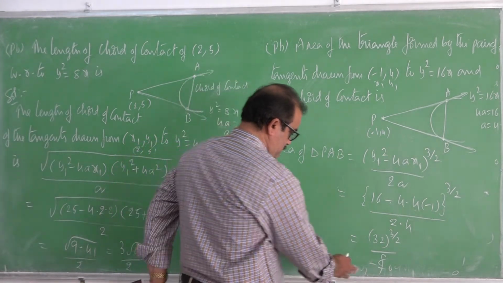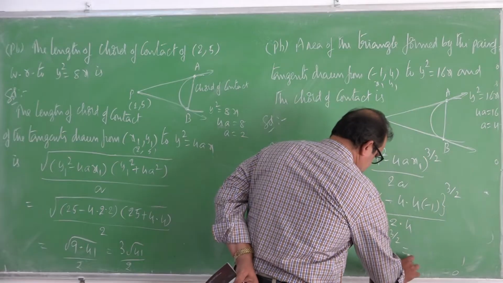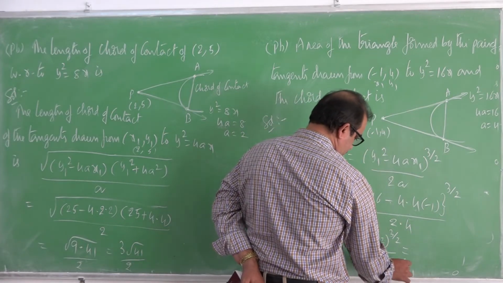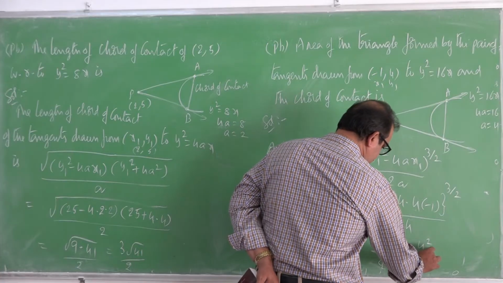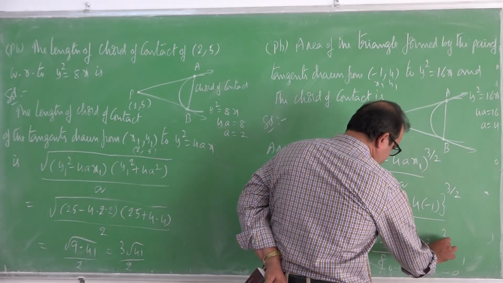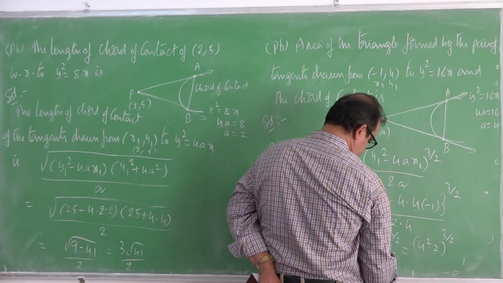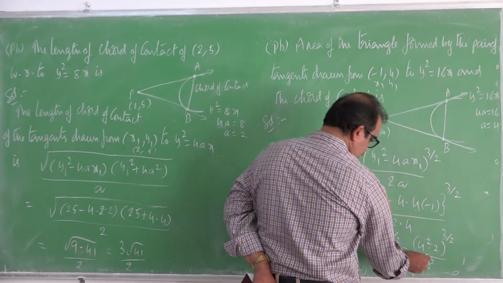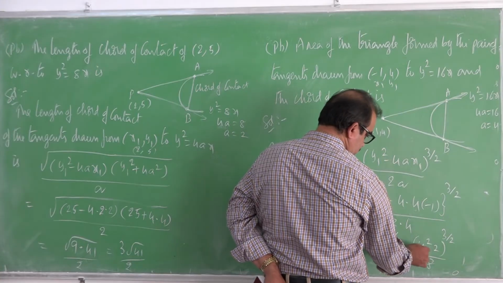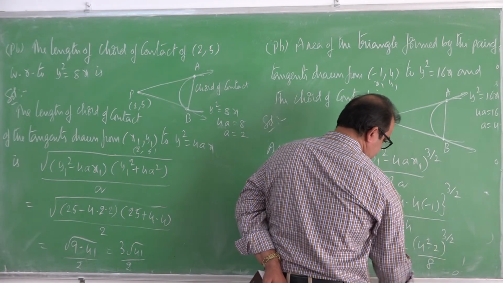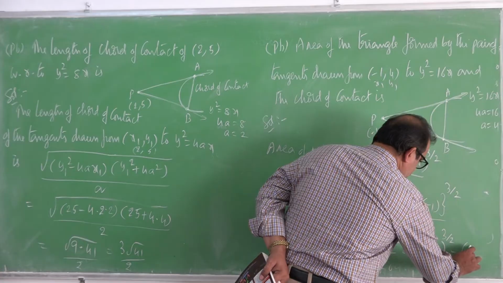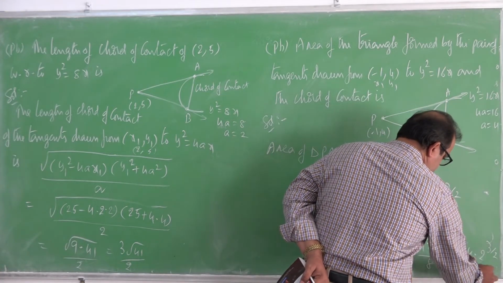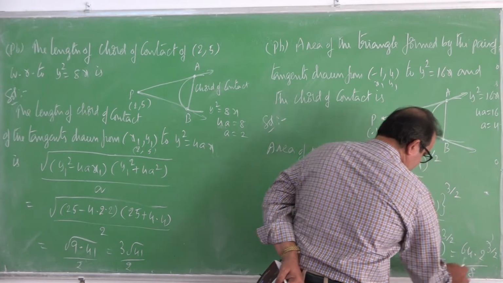Okay, we may further simplify this. This is taken as 16 into 2. 16 is 4 square, into 2, whole power 3/2, by 8. 4 square, 2 and 2 cancel. 4 cube is 64. 64 into 2 to the power of 3/2 by 8. 8 times cancel.